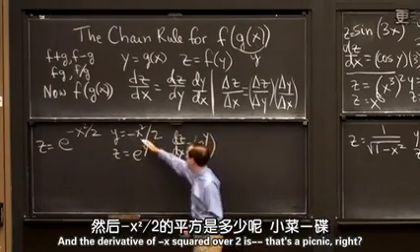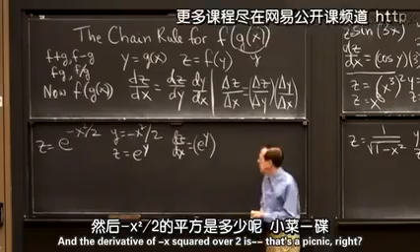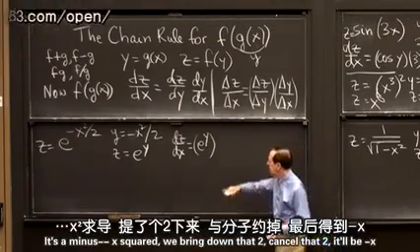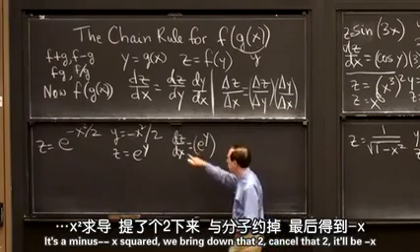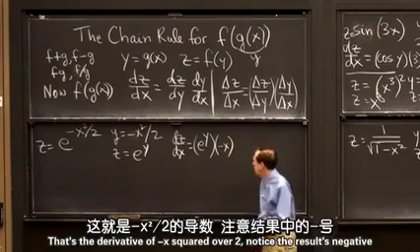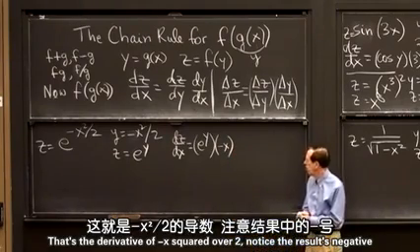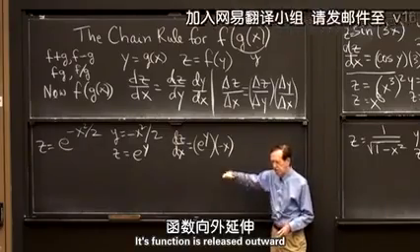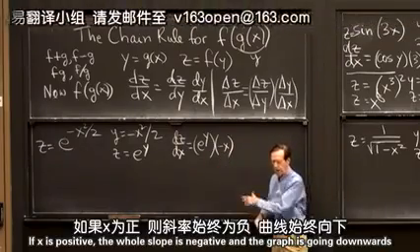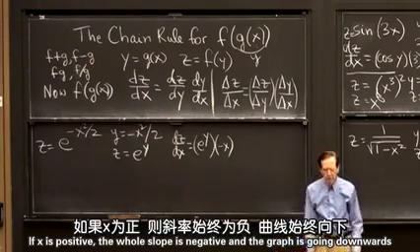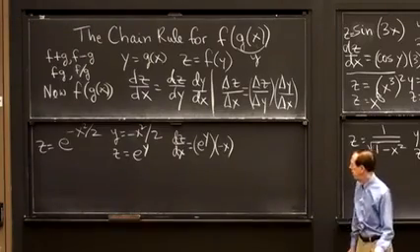And the derivative of minus x squared over 2 is, that's a picnic, right? It's a minus. x squared will bring down a 2, cancel that 2, it'll be minus x. Notice the result's negative. If x is positive, the whole slope is negative and the graph is going downwards.